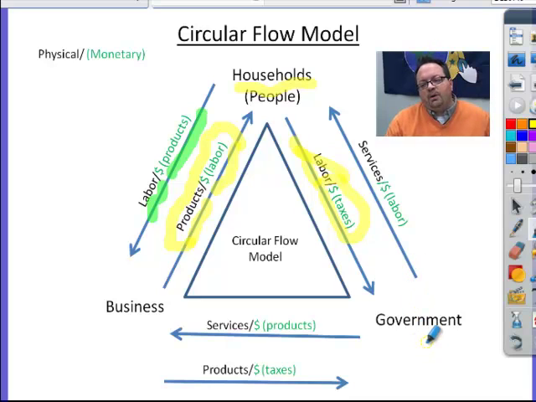So what does the government necessarily give us? Well, we can say that they provide services. Things like police protection, things like garbage pickup, road service, schools are a government service, postal service, things like that. Now, what else they give us is money for labor.